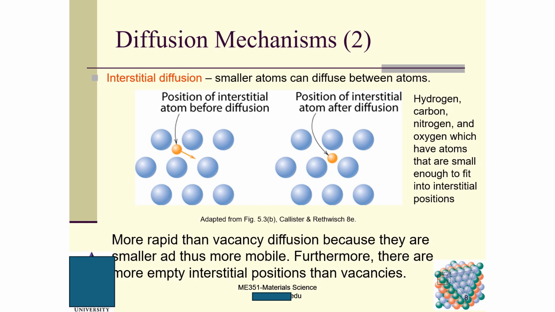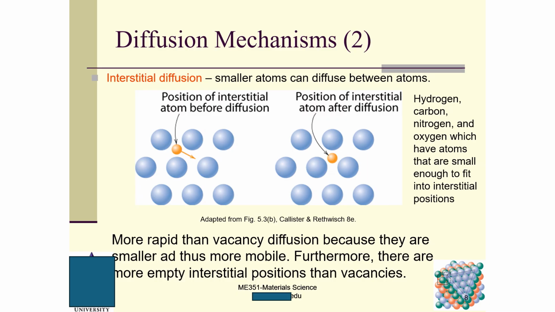This shows the position of the interstitial atom before diffusion, and then the position of the smaller interstitial atom after diffusion. You can see this atom's original location is here, but sometimes it moves to another position.